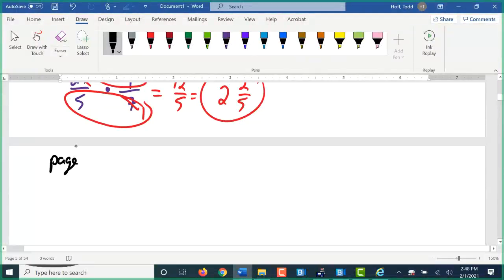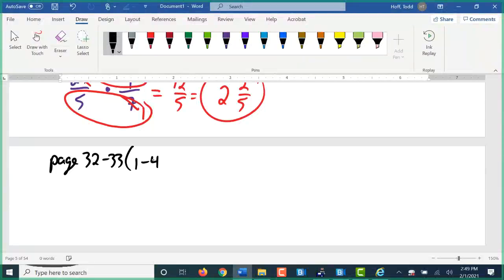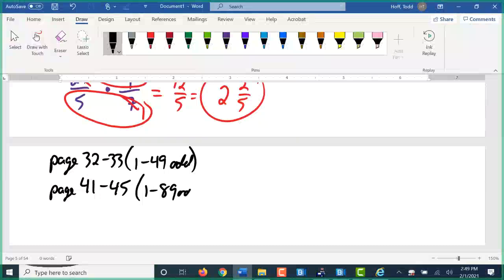Homework, 32 through 33, 1 through 49, the odd. That's on renaming fractions. Page 41 through 45, 1 through 89, the odd. That's on addition and subtraction.